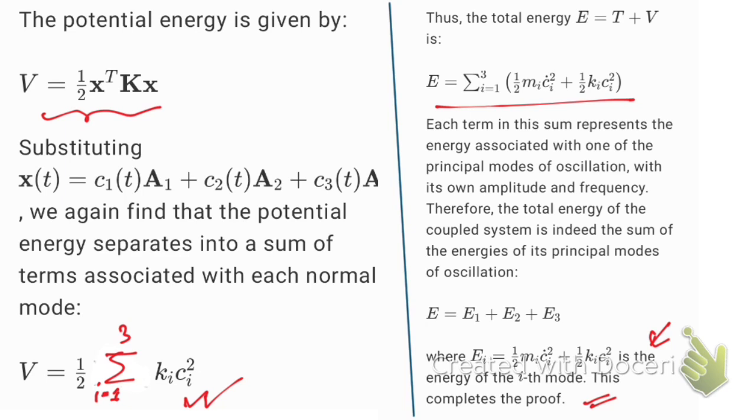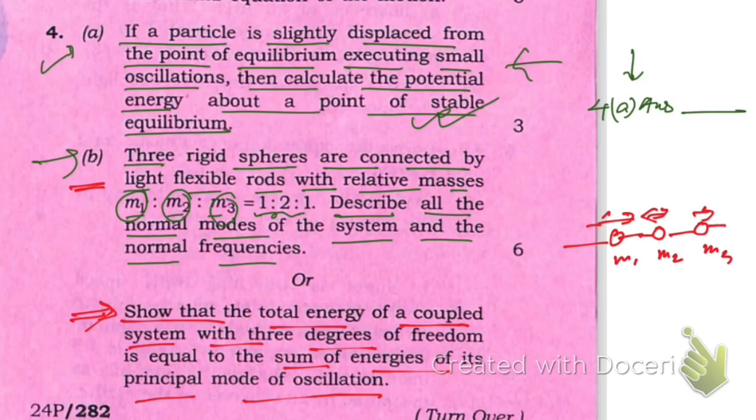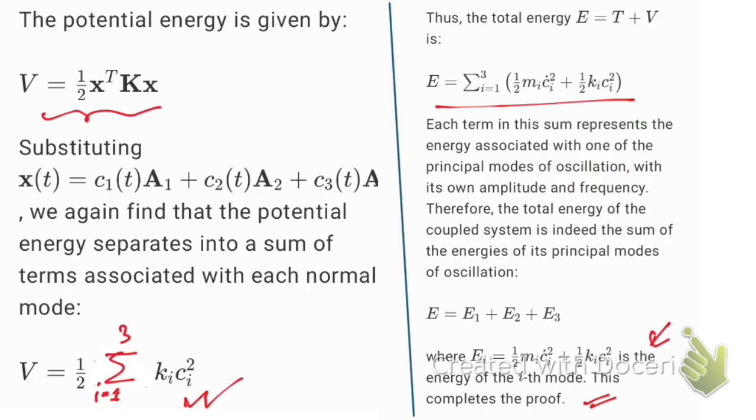Let me go back to the question. Here you see what we needed to prove: that the total energy is the sum of the energies of its principal modes of oscillation. So here it is proved that the total energy is the sum of the energies of its principal modes. Hope you have understood this.